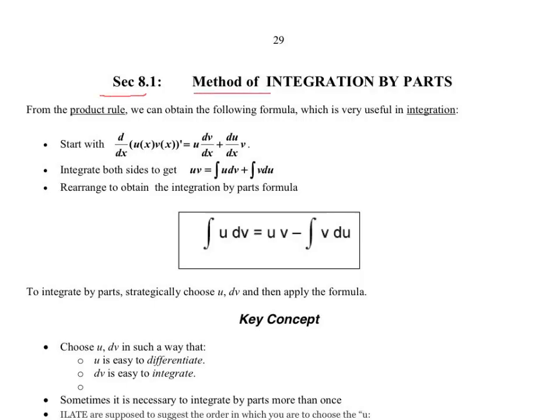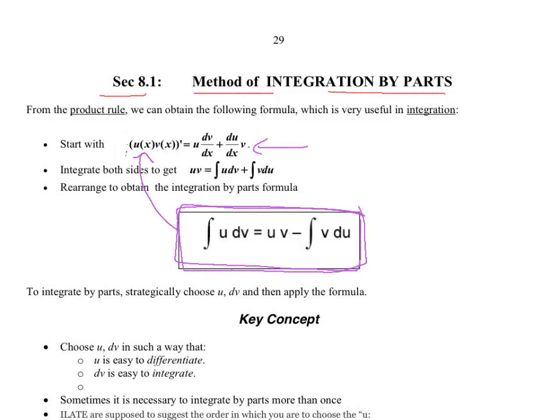8.1, which is method of integration by parts, this is actually like a product rule for integration. Just like we had a product rule for differentiation, this is a product rule of integration. This is the rule actually. Now it's very interesting to know that this rule comes from the product rule for differentiation, which is this.